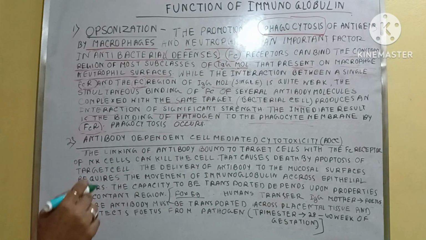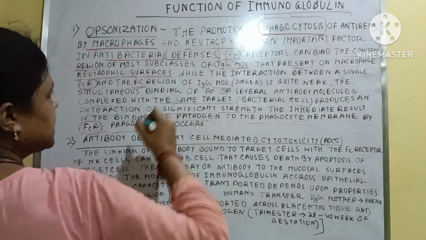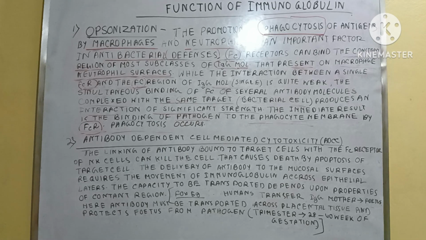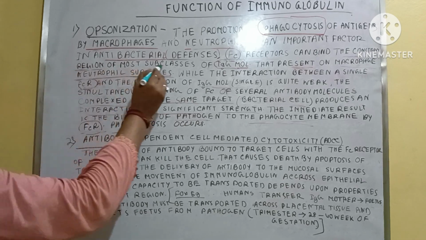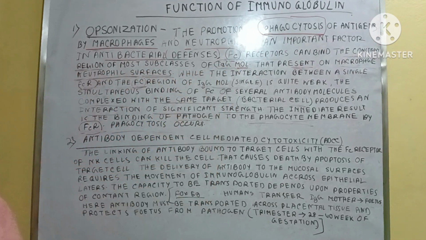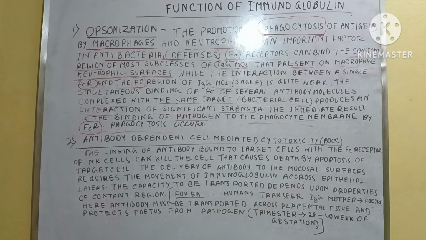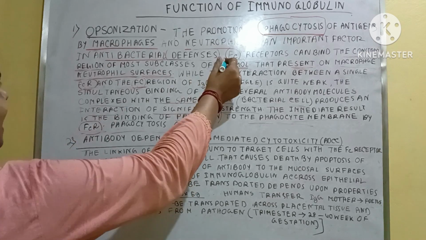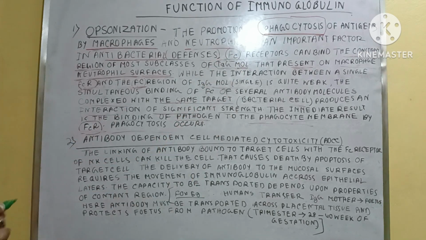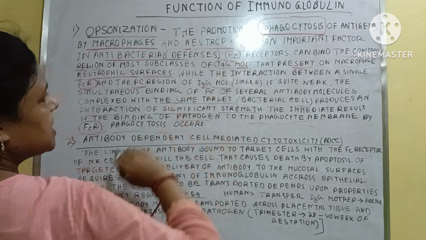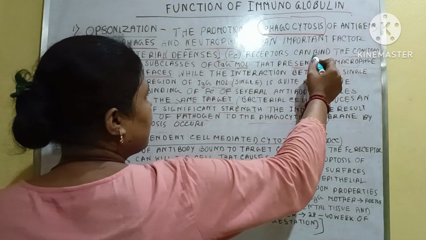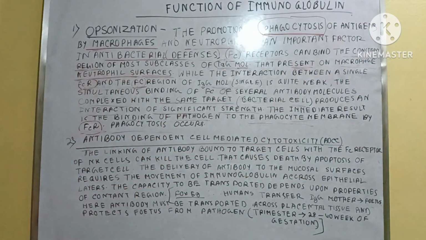Here the Fc receptor can generally bind the constant region of most IgG molecules. The IgG molecule is one antibody molecule. There are different types of antibody molecules, and it is one of them. So we have taken this IgG molecule, and the Fc receptor can bind with its constant region.